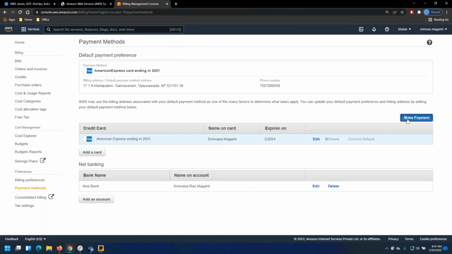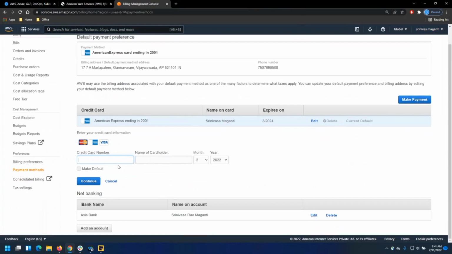You can add an additional card if you want, and you can remove the existing one. But if you don't have any card the first time, you need to provide at least one card for your billing enablement.